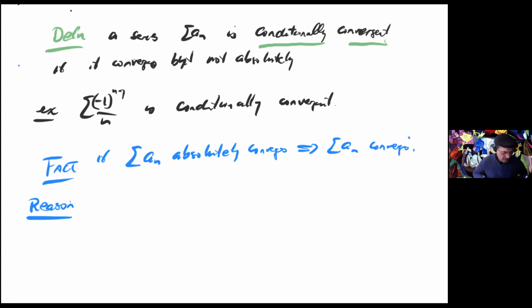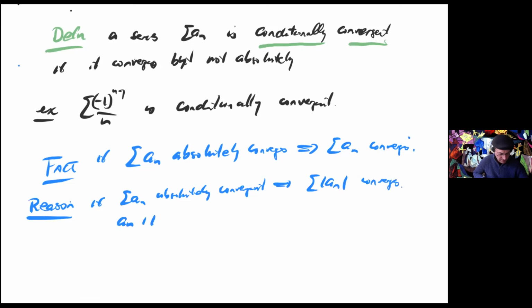If sigma a sub n is absolutely convergent, that means that the series of absolute values converges. But notice that a sub n plus its absolute value is at most twice the absolute value of a sub n. It's equal if a sub n is positive, and it's strictly less than if a sub n is negative. You get 0 in that case. And in fact, we get this bound here.